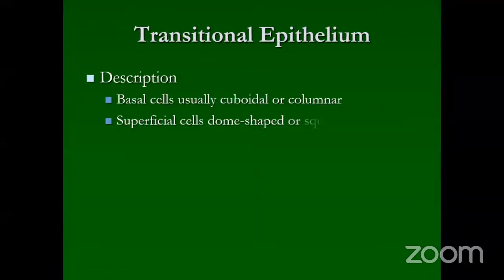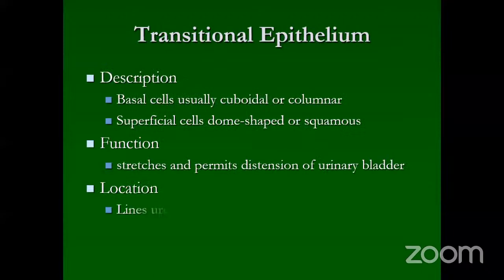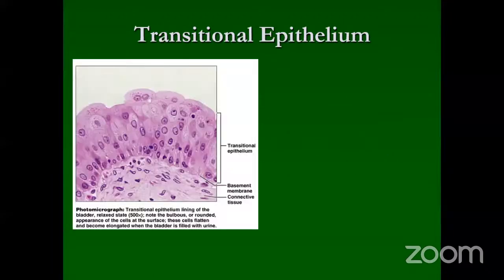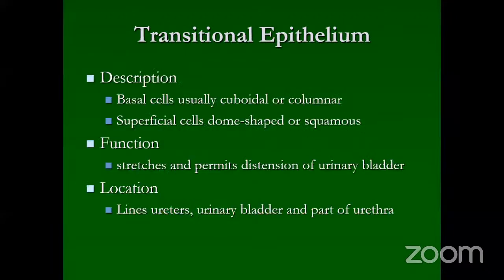Then transitional epithelium. Transitional means it is sometimes in between the two types of epithelium. Basal cells are usually cuboidal or columnar, and superficial cells are squamous or dome-shaped in this transitional epithelium. They will stretch, and they permit distension.